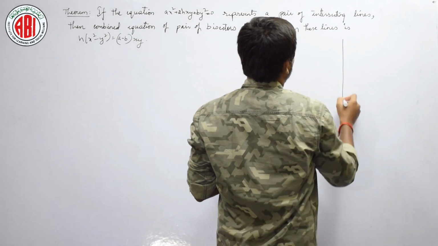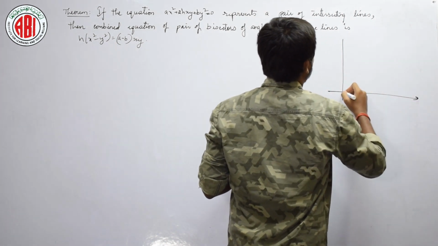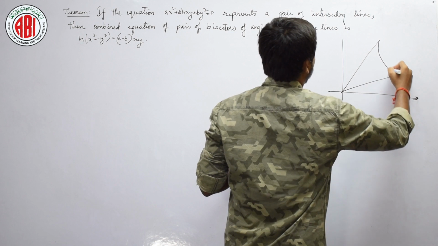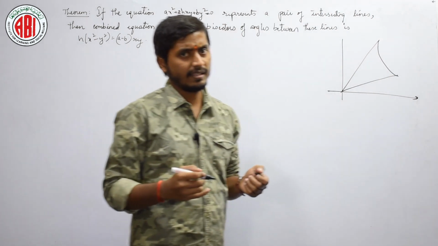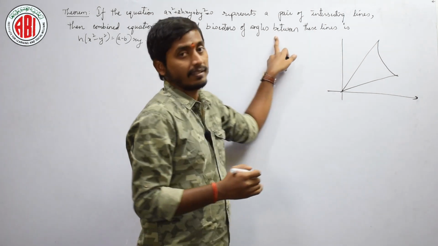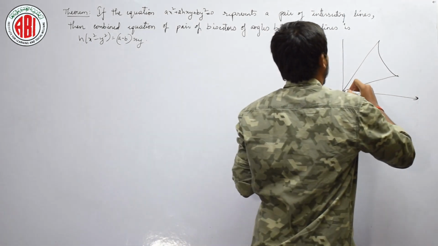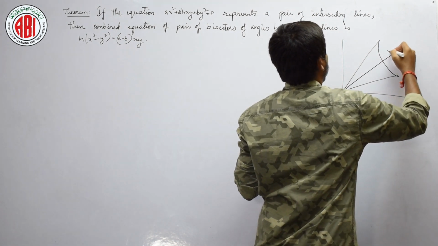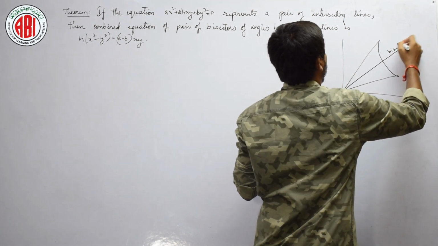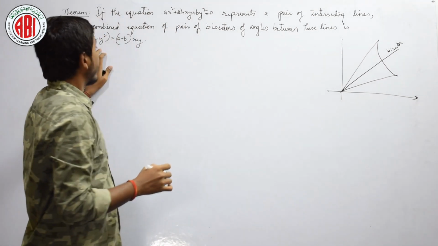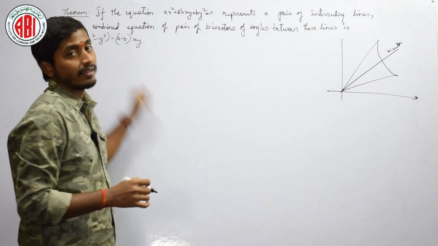For example, this is the pair of linear equations and this is the curve, isn't it? Then he is telling that the angular bisectors, right? For example, let us say this is the bisector which is bisecting, and this is the bisector which is bisecting, then the combined equation is given as this.